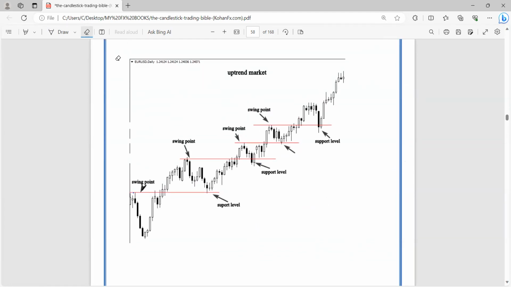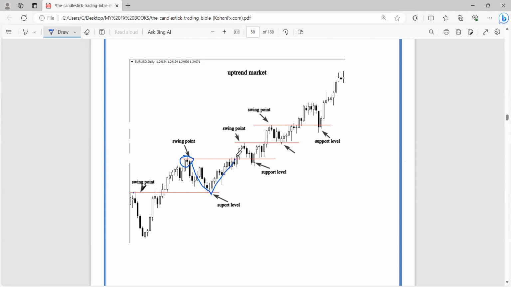Now if you pay attention to this, you'll notice that this is an uptrend, your impulsive move where it stopped, then it comes down, goes up, comes back to this level. Now this was previously a resistance level because the market failed to go any further from there. It had to come back down.